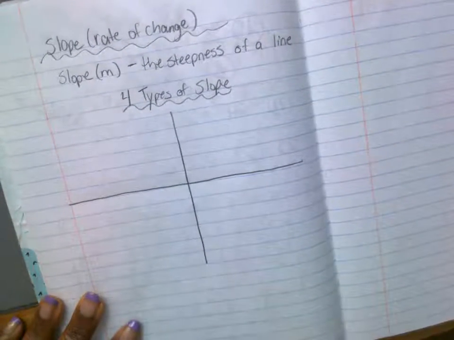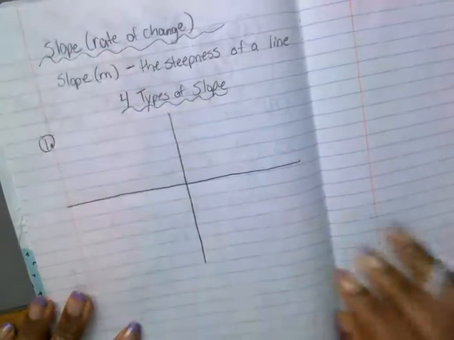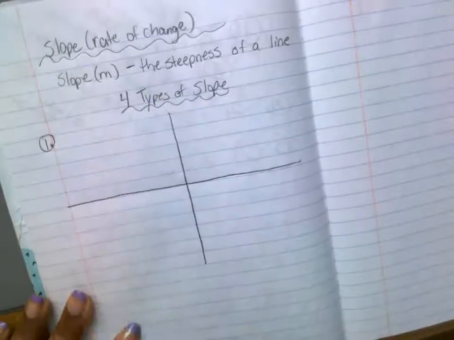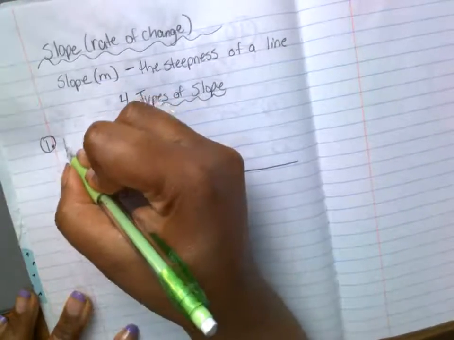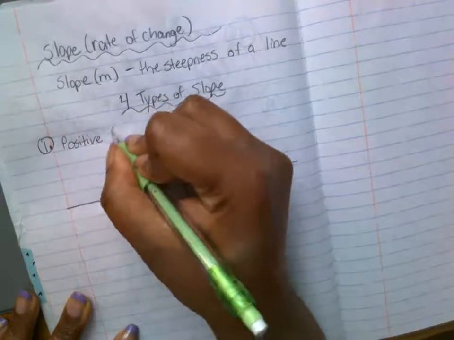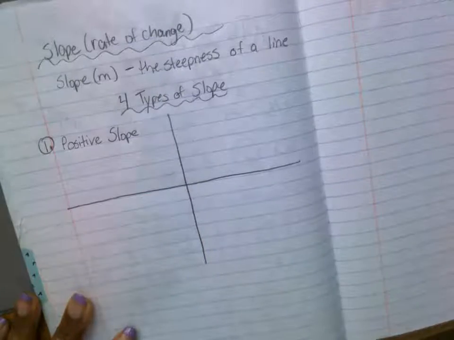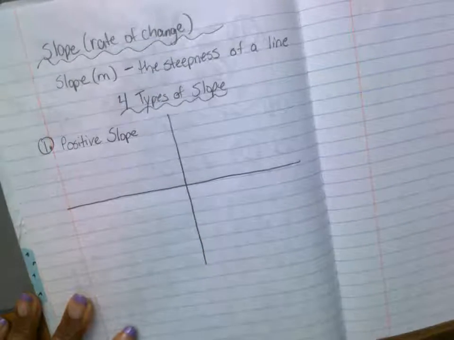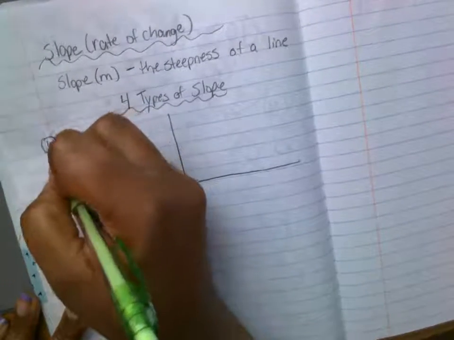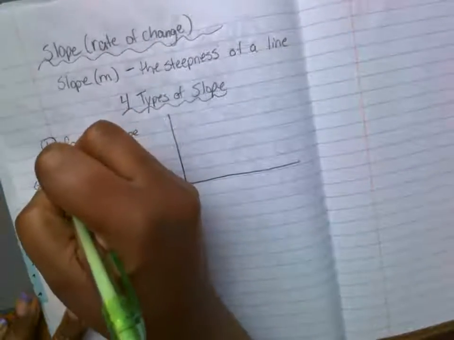The first kind of slope that we have is positive slope. This is where M is a positive number. That's when the incline of your line is going up. I'll draw an example, drawing a coordinate plane.